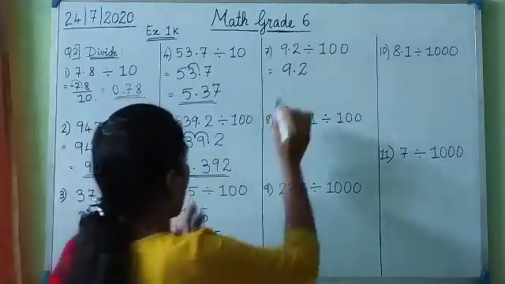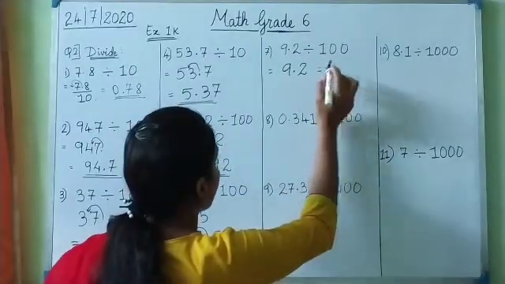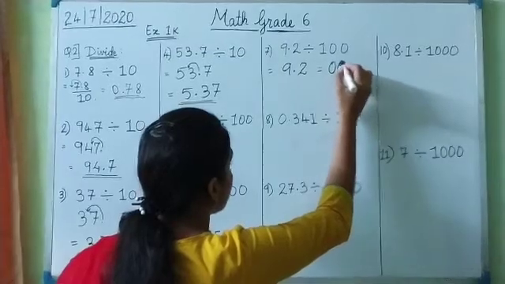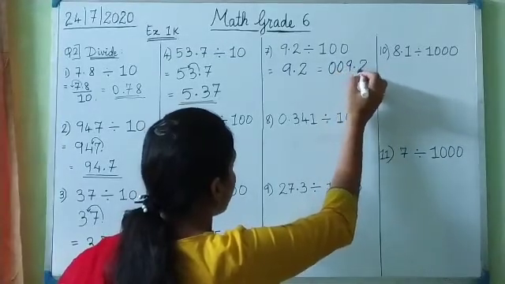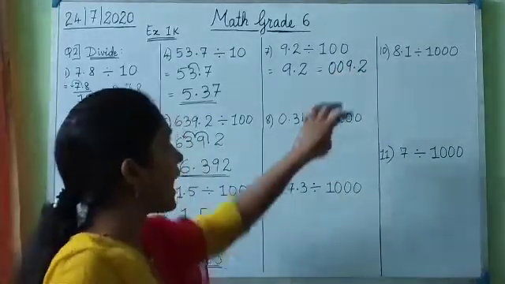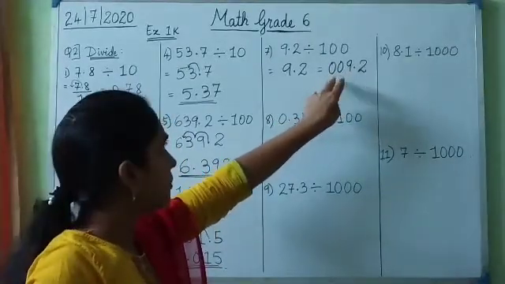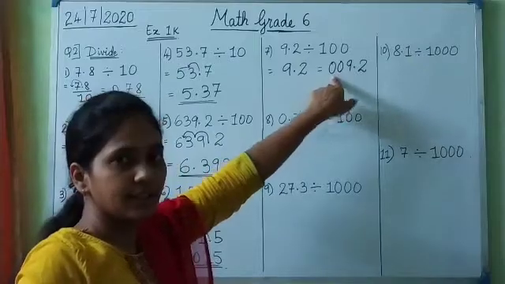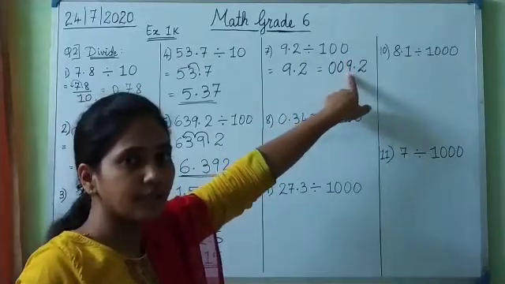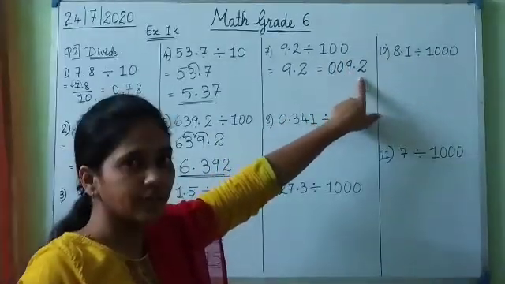So we add zeros. After adding, we get 009.2. I have just added two zeros before the number 9. Even after adding these zeros, the number remains 9.2. Its value does not change.